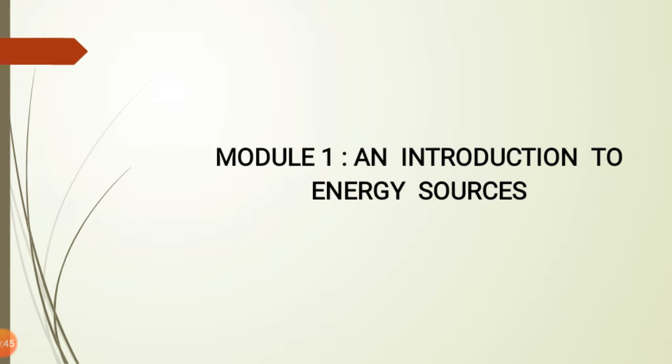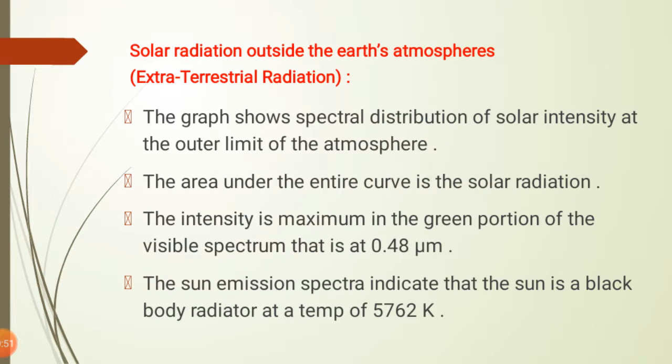Now in this video we will discuss the first new topic of our chapter, that is solar radiation outside the earth's atmosphere. It is also known as extraterrestrial radiation. Now we will start with that.